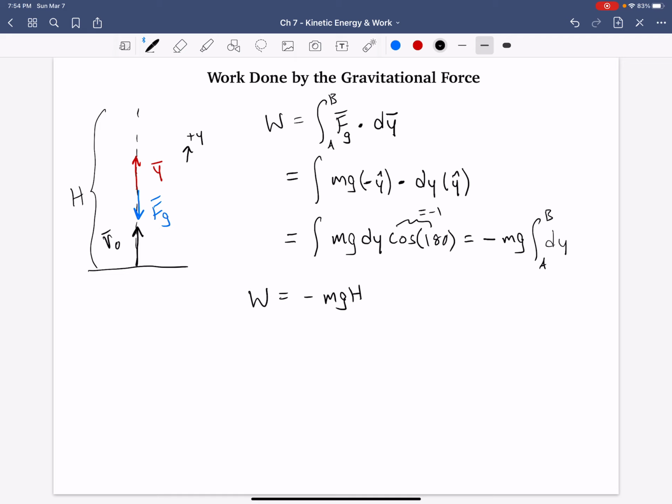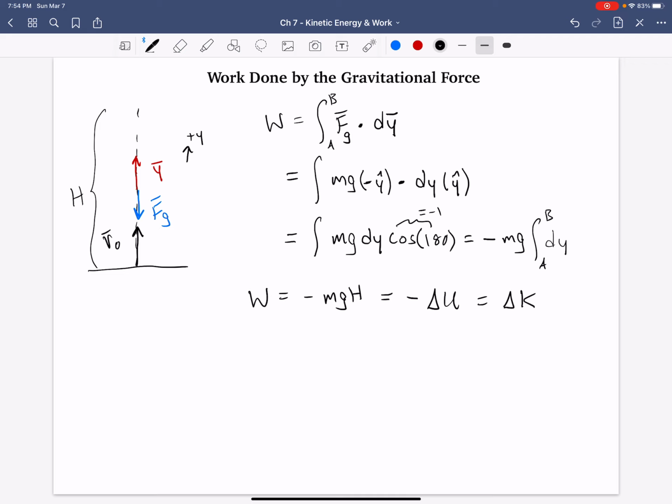More generally, this can be turned into the negative change in potential energy. That's what work is also known as. In previous videos, we saw work as positive the change in kinetic energy.